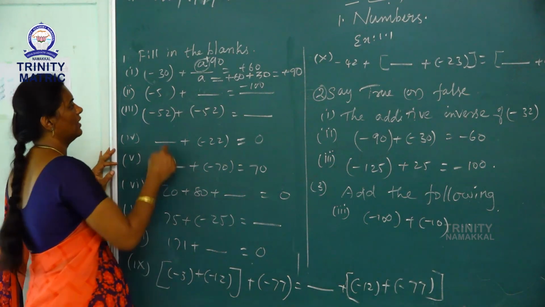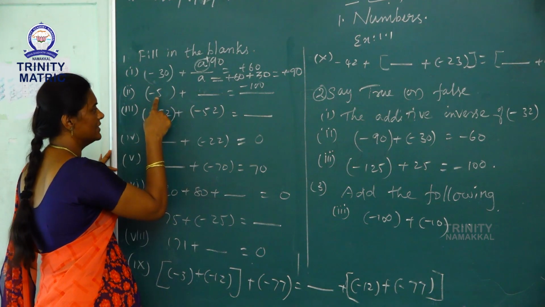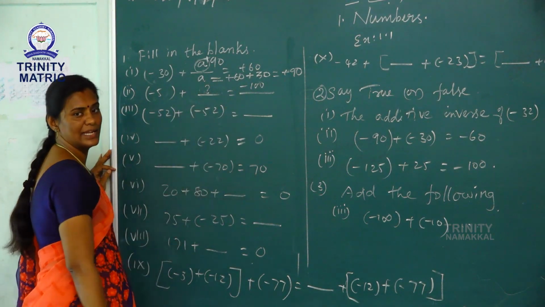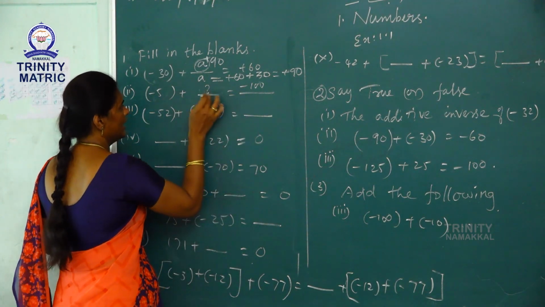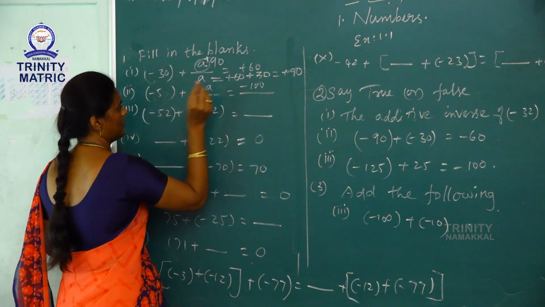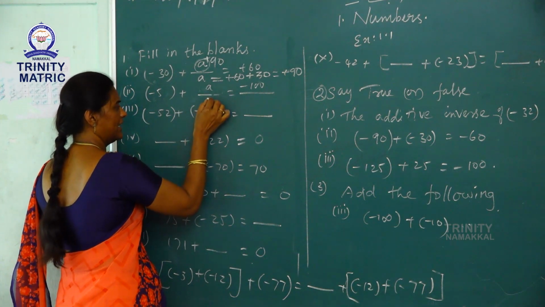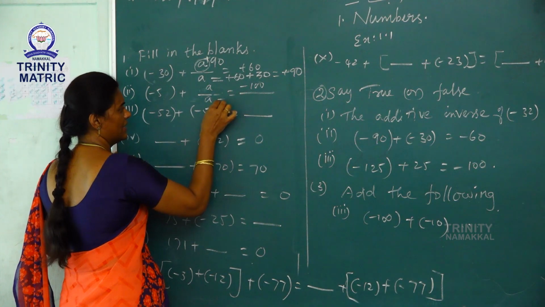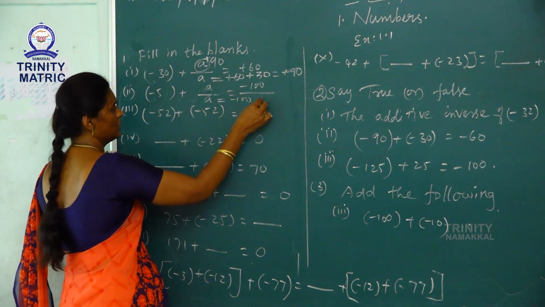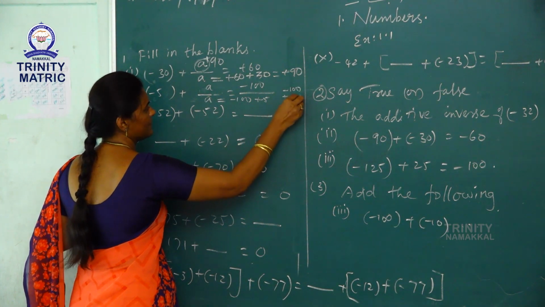Then next sum. Here minus 95, here minus 5 is given. For this minus 5, which number do we add to get the answer minus 100? See here also we take the unknown number as A. Now we keep this A as it is equal to minus 100. This minus 5 comes to this side, plus 5. Minus 100 plus 5.